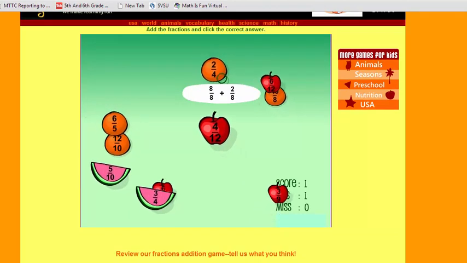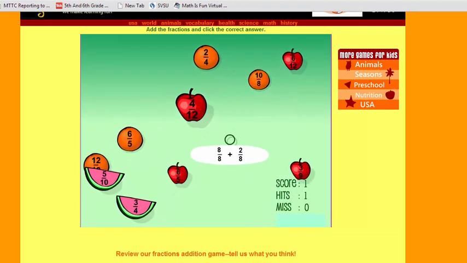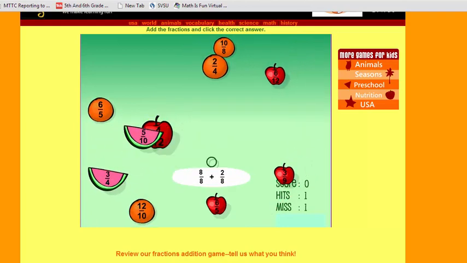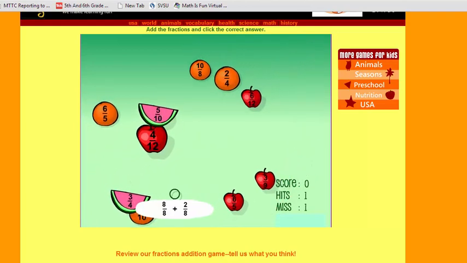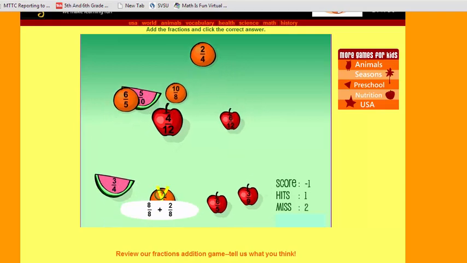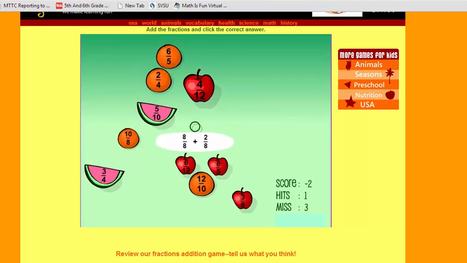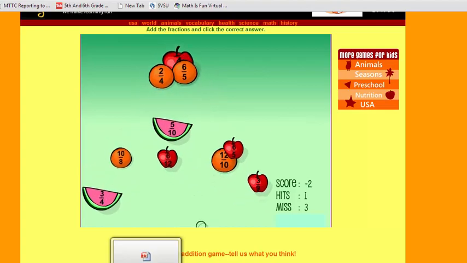And it allows them to add fractions, and they seem to really enjoy it. And if they do a wrong one, it shows the wrong one, it shows the right one, which is a very helpful game. Back to the presentation.